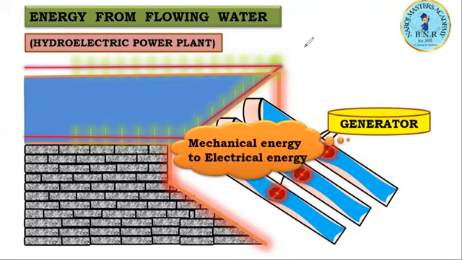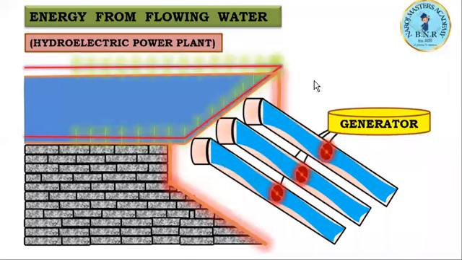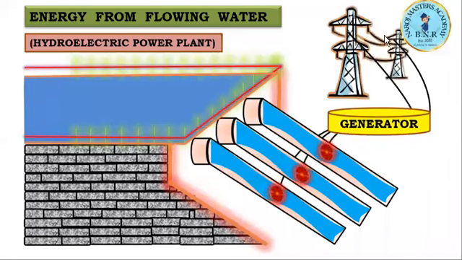First of all, work is done by the water, converting kinetic energy into mechanical energy, and the generator converts mechanical energy into electrical energy. So the turbines change kinetic energy into mechanical energy, and the generator converts mechanical energy to electrical energy. Here it will be transferred in the form of electrical energy.